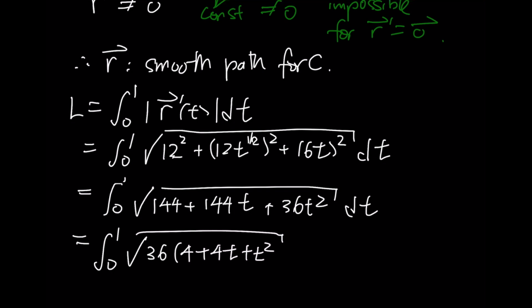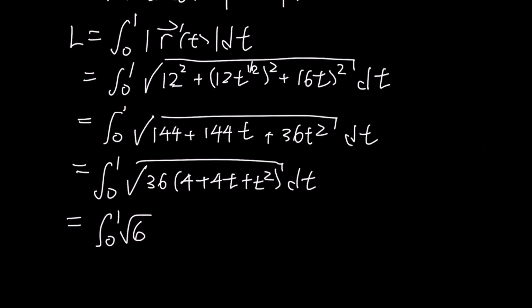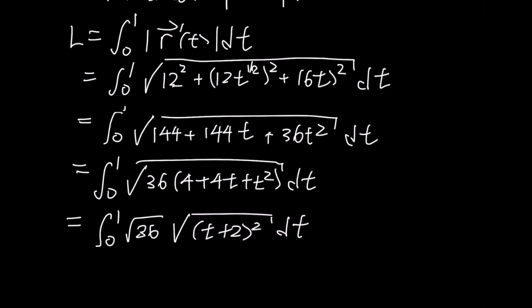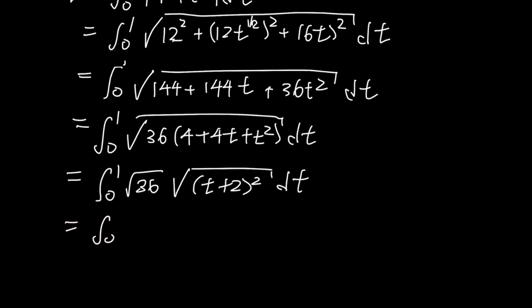This will end up giving me a square root of 36. The quantity inside the bracket is t plus 2 all squared. This ends up giving me the absolute value of 6, absolute value of t plus 2. This is positive on the interval 0 to 1.